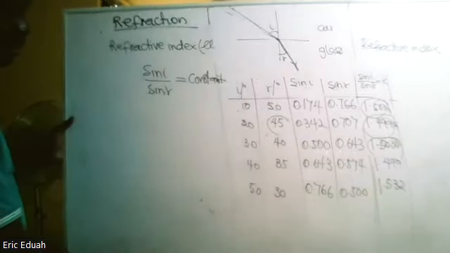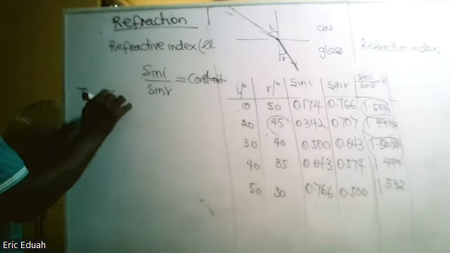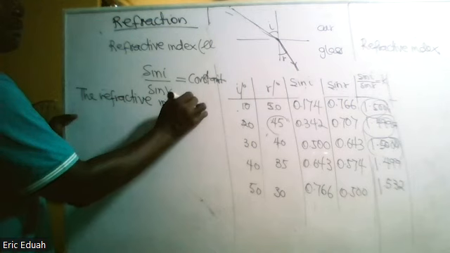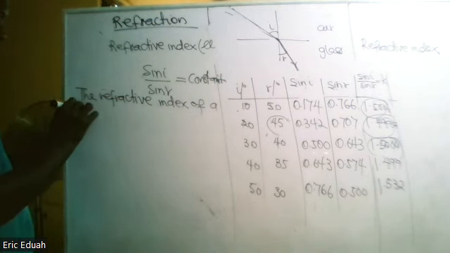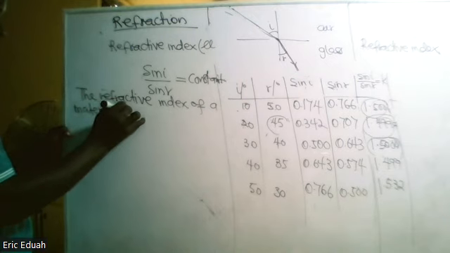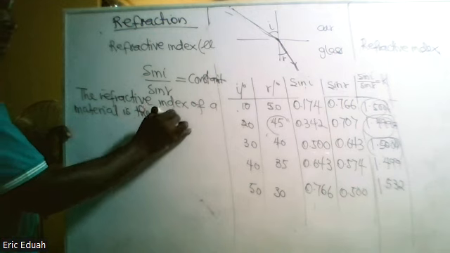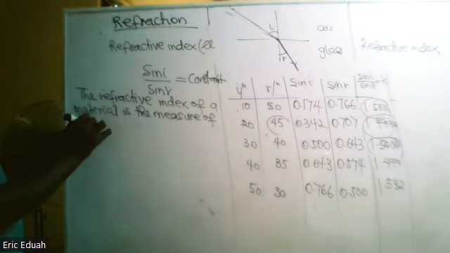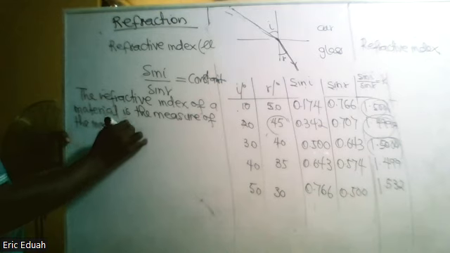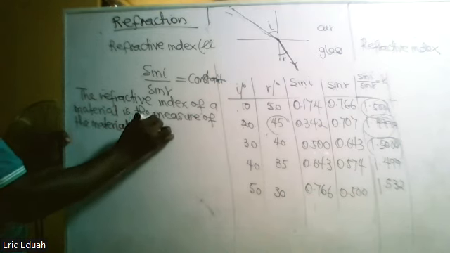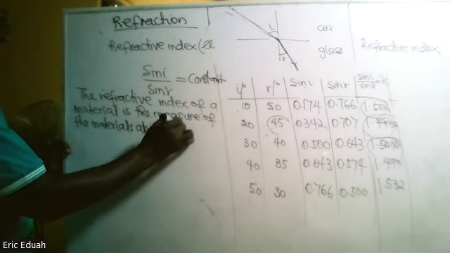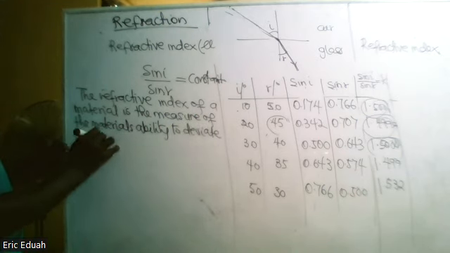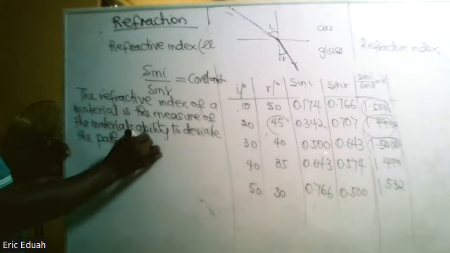So the refractive index of a material is the measure of the material's ability to deviate the path of light.